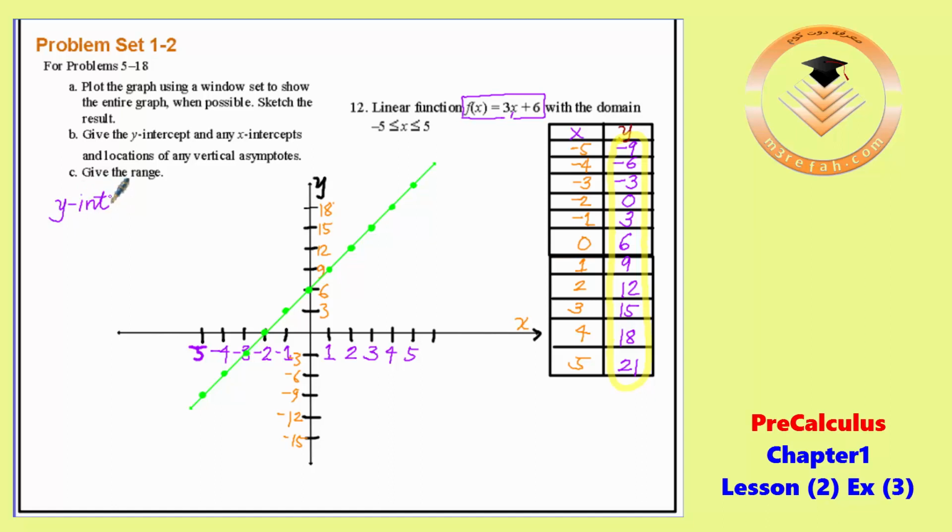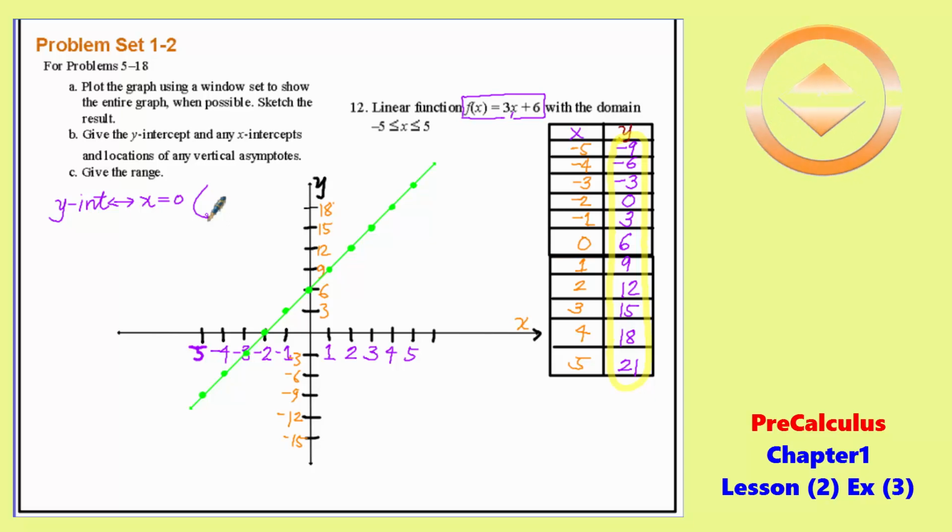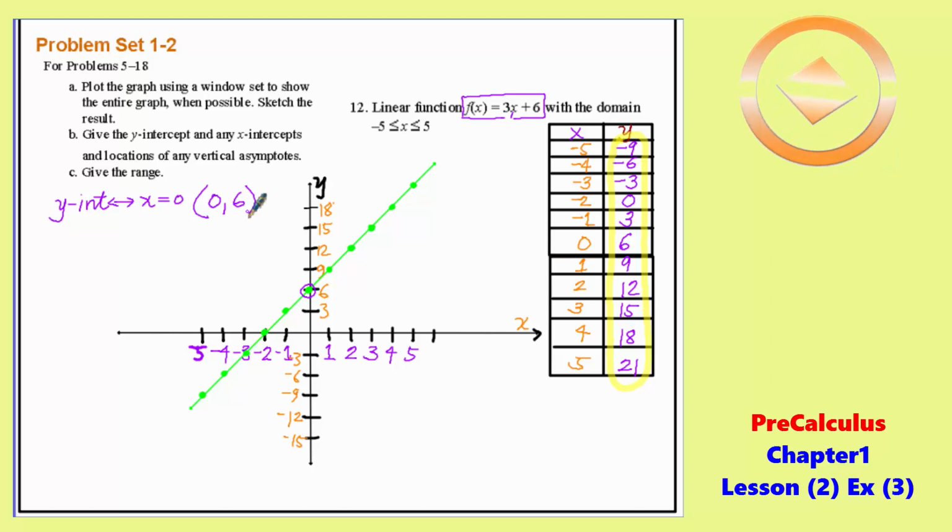Remember, y-intercept is when your x is equal to 0, or when one of the points crosses the y-axis. So in this case, we have found something. We have found that point, and it's (0, 6). So our y-intercept is 6.